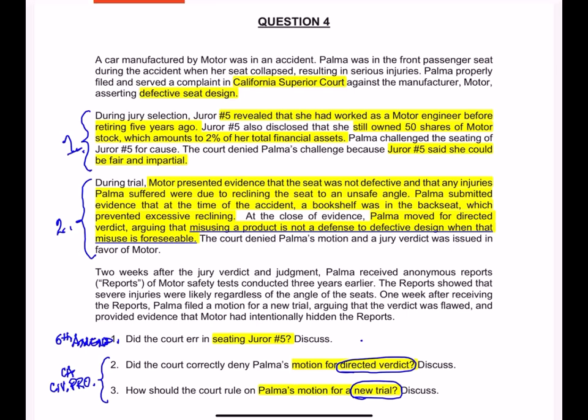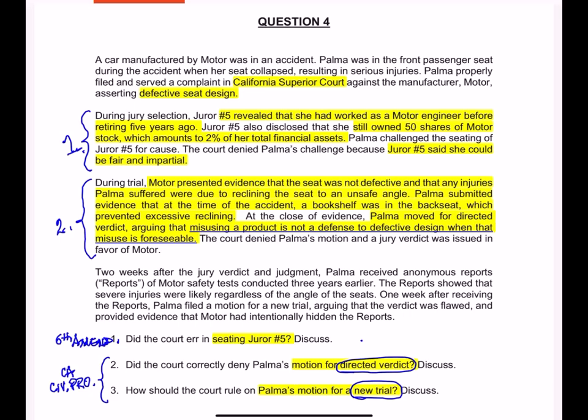There is evidence presented by each side. So a jury is going to have to decide what they believe, what they think the correct evidence is. That she reclined the seat too far, or that she couldn't have because there was a bookcase in the back seat. And beyond that, whether her misuse was foreseeable or not.